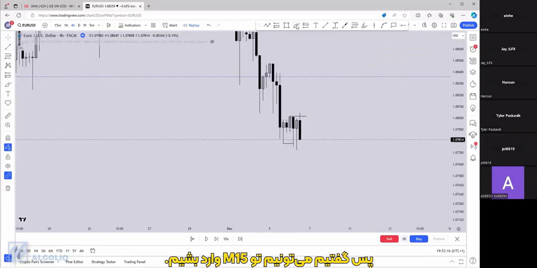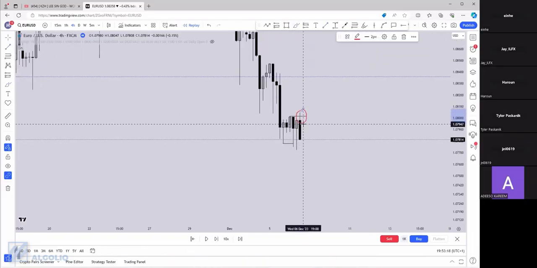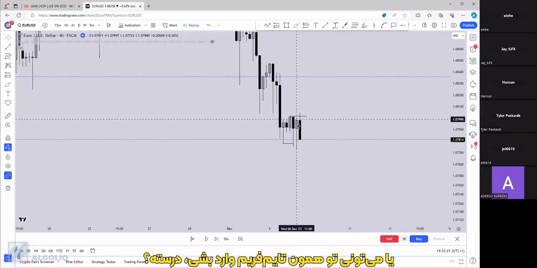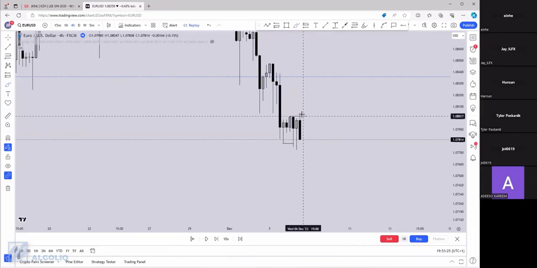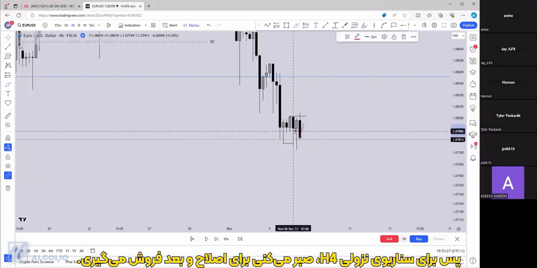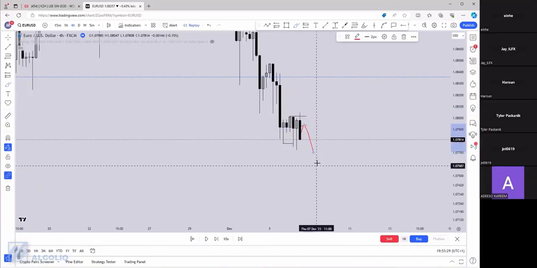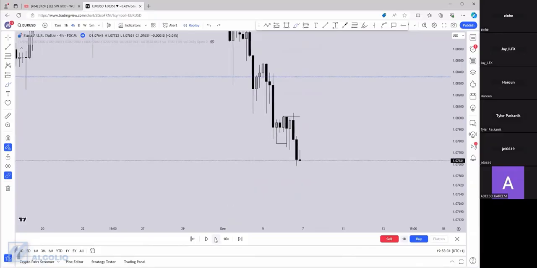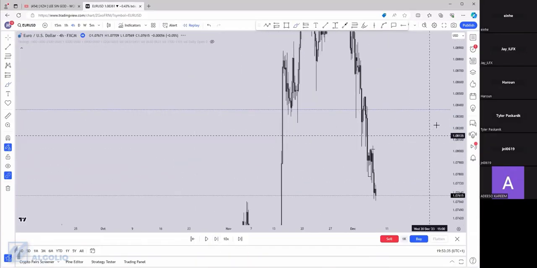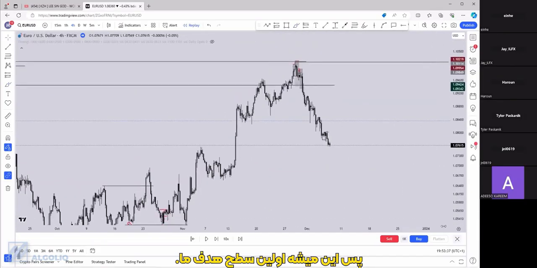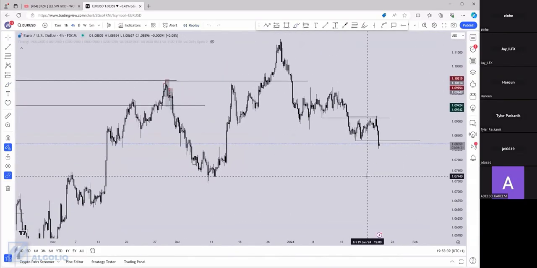So we said we can enter on M15, or you can enter on the same time frame, right? Which would mean this H4 ILQ, so wait for H4 bearish candle and wait for refinement and take the sell. But in this case, this was a continuation already. So that would be our first objective level.